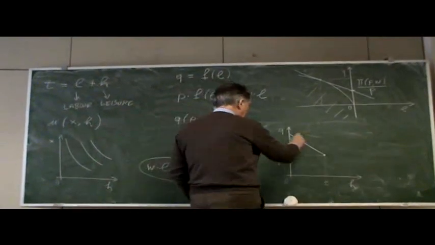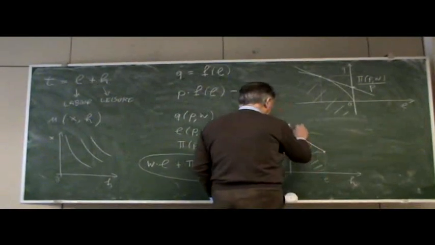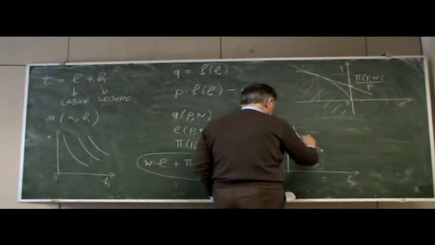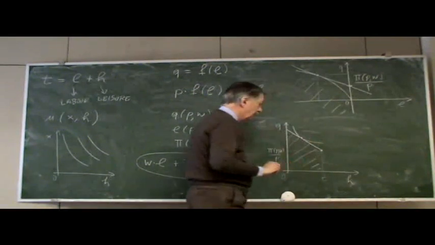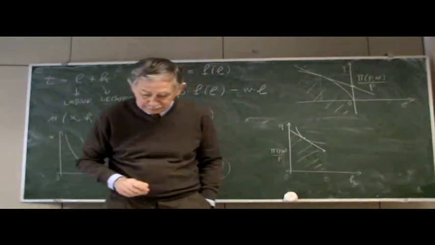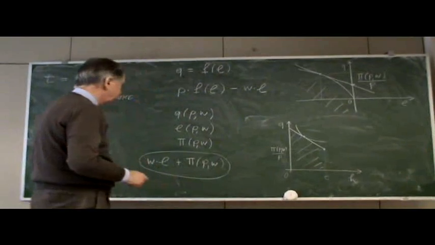In this budget constraint, our consumer maximizes his preferences or utility and obtains this optimal point. This optimal point. Is it clear?